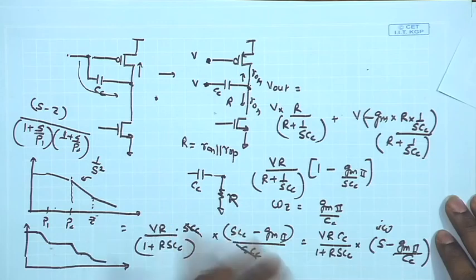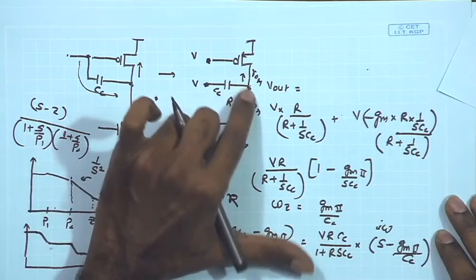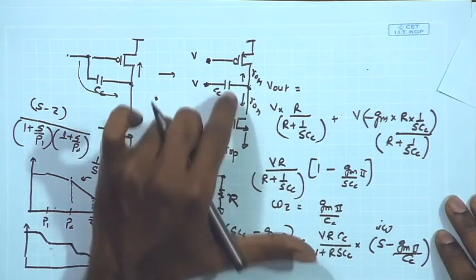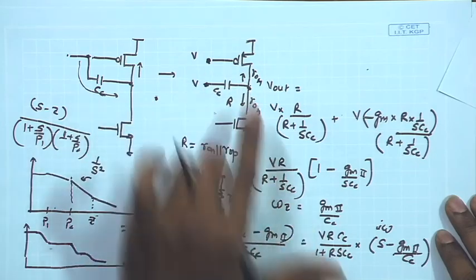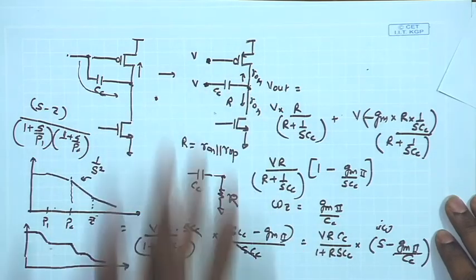And if I compare what is the value of this. So, if you look at R and CC, R is the overall output impedance coming at this point, and CC is the equivalent CC value that you have obtained.